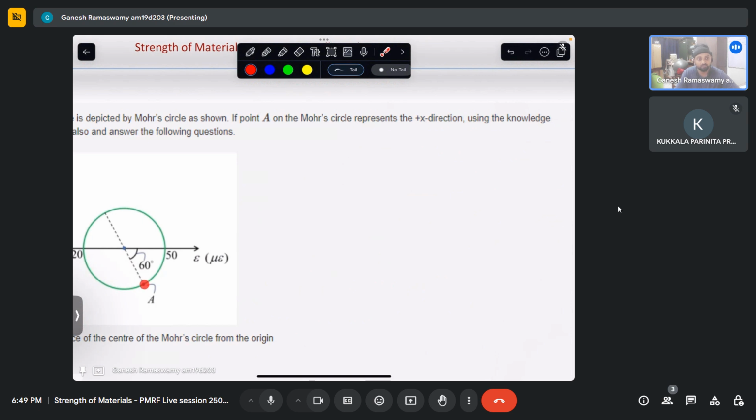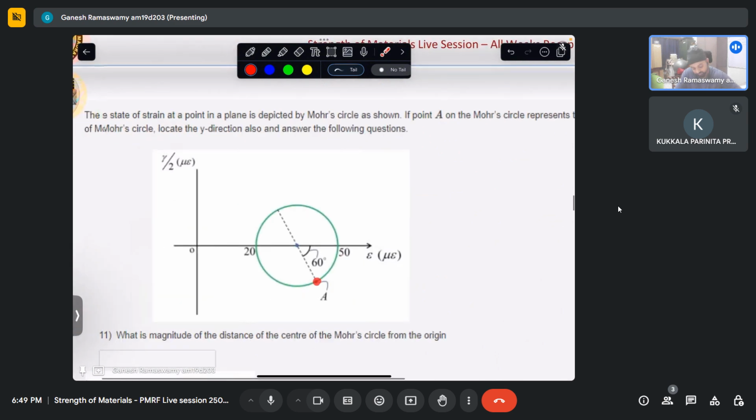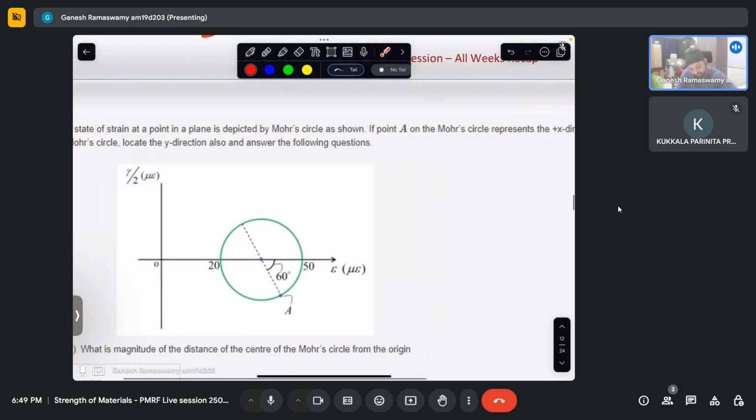So using the knowledge of the Mohr circle, locate the y direction. How will the y direction be? Physically, x and y are separated by 90 degrees. So in the Mohr circle, it will be separated by 180 degrees. So therefore, let this be B, represents the y direction.